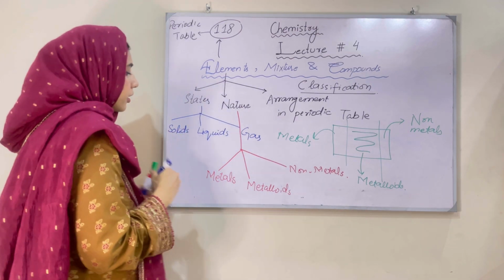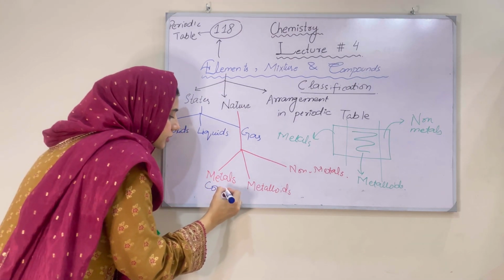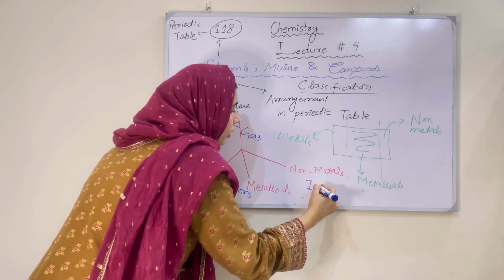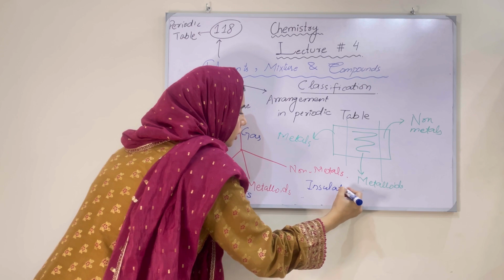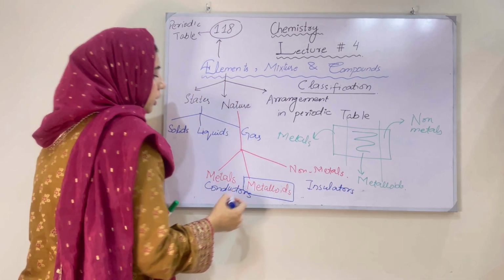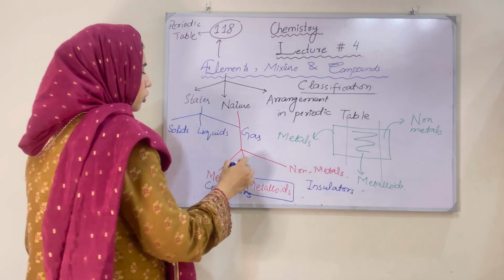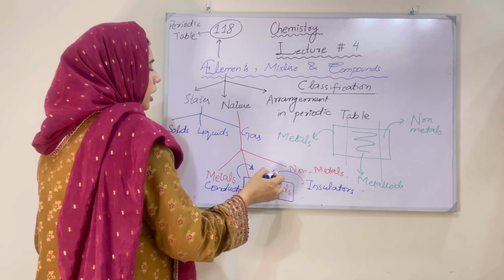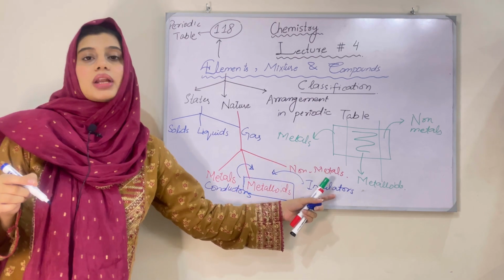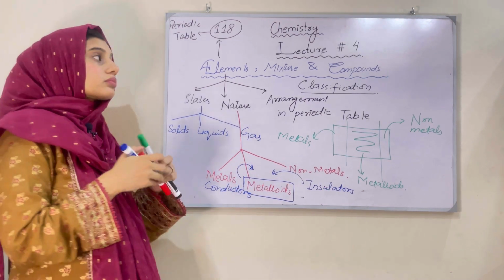So metals are conductors and non-metals are insulators. And metalloids, as they are in between, will have characteristics of both metals and non-metals. They will behave as a conductor as well as an insulator.